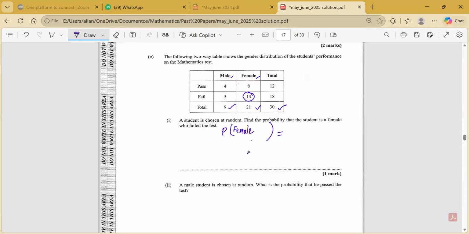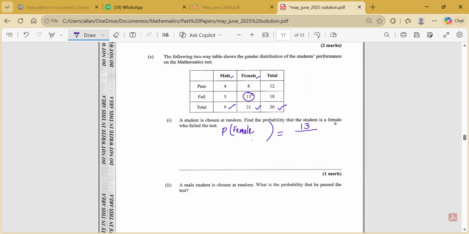So you had 13 females who failed. So that is the 13, and the total amount of persons.